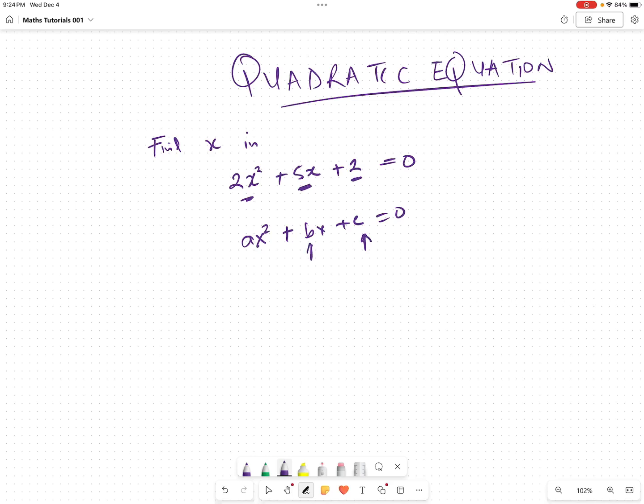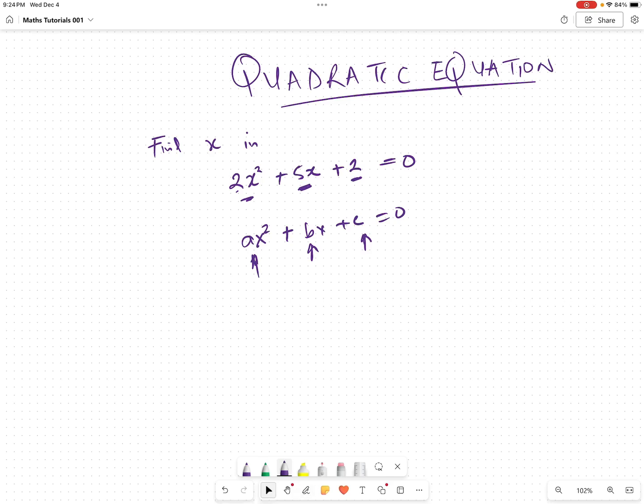So these are all coefficients. The coefficient of x squared is a, which corresponds to 2 in this case, and b will be 5, corresponding to that 5, and then you could just slot all this into your almighty formula, and voila, you have your x by the time you solve it.